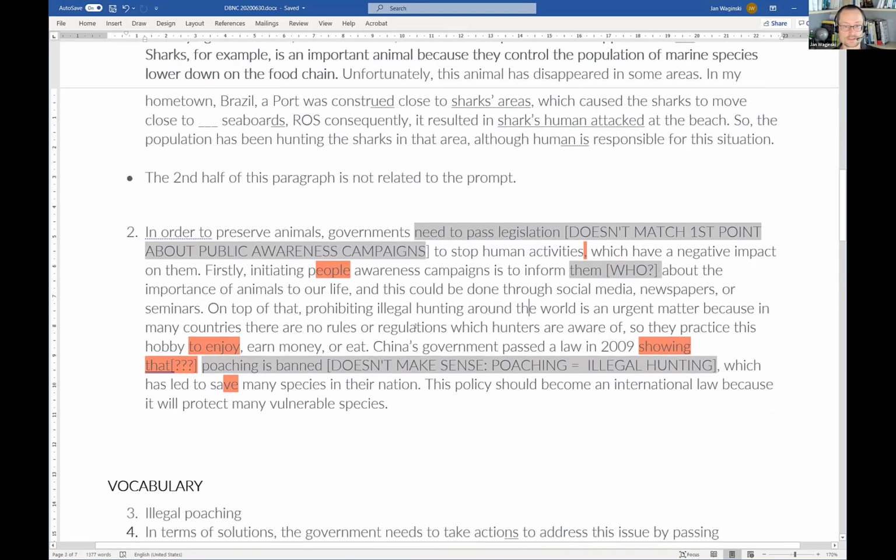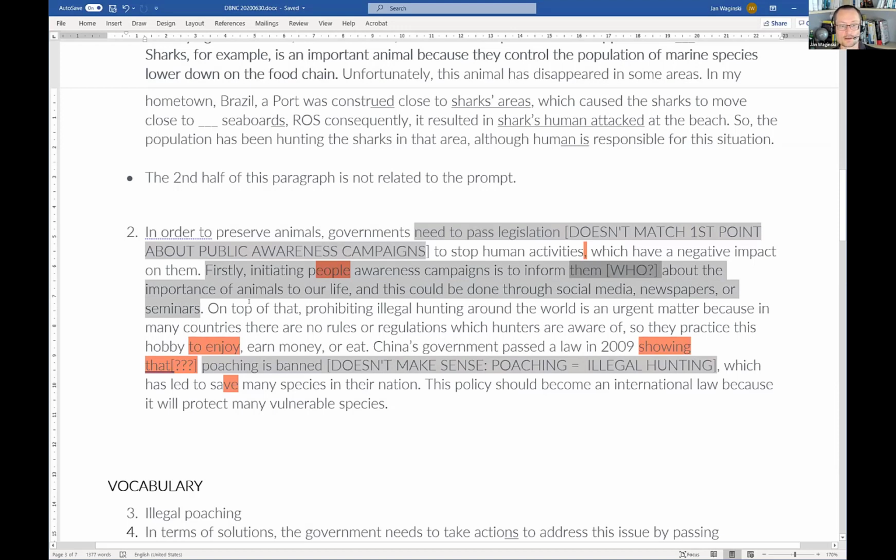Now let's look at this one. In order to preserve animals, this is from a different writer, governments need to pass legislation to stop human activities which have a negative impact on them. First, initiating people awareness campaigns is to inform them about the importance of animals to our life, and this could be done through social media, newspapers, or seminars.